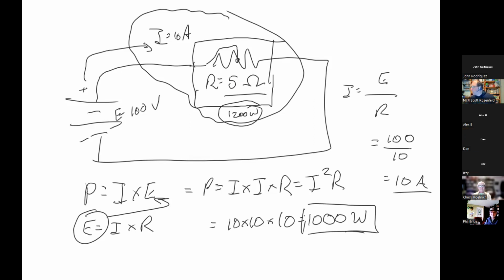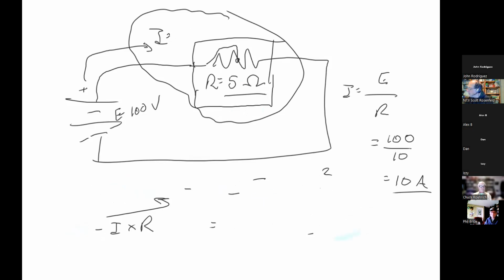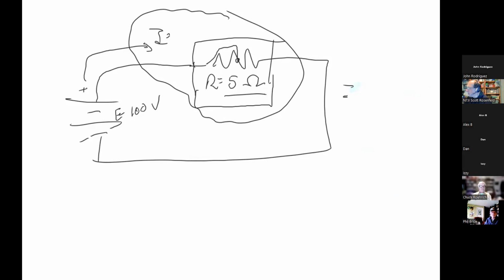Well, so let's do our calculations again, right? We don't know what our current is. All we know is that we're still running the same voltage. Let's do our calculations all over again. The first calculation, we have to figure out what the current's going to be.